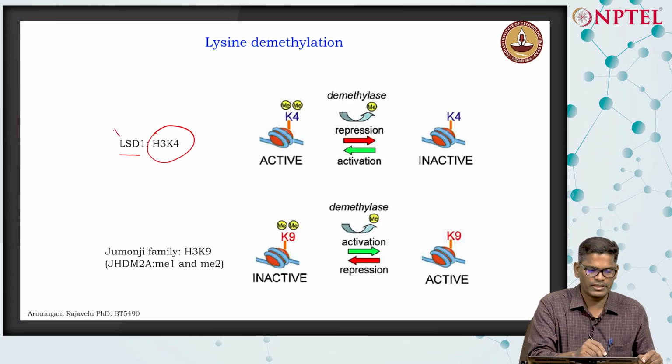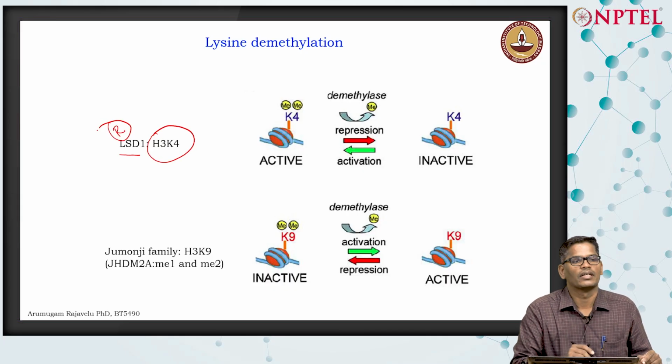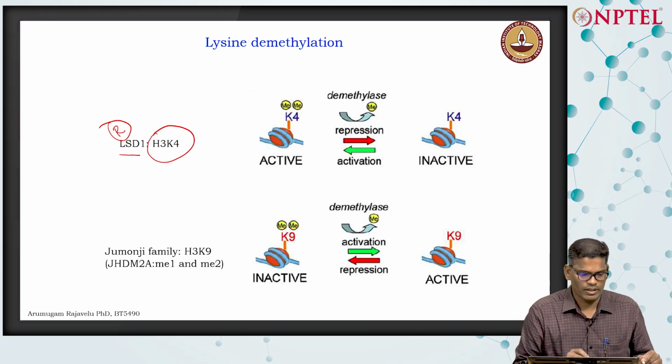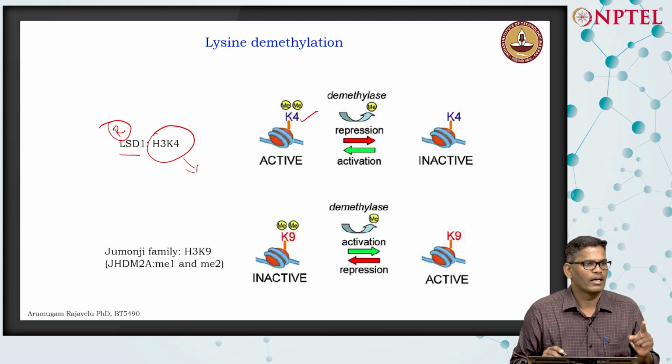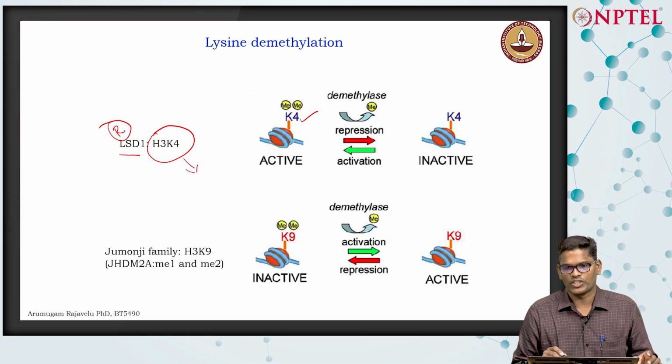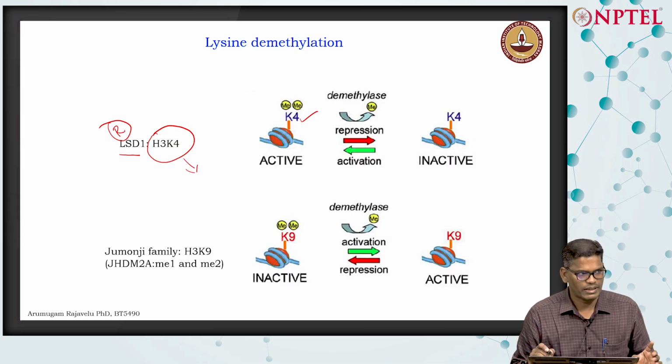That means it is a repressor protein because it removes the activation mark. So, by demethylation of the activation mark, it converts active genes to inactive genes. That is what is represented here when it demethylates lysine 4, which is the only well known gene activation mark, in connection with the methylation, which produces the inactive chromatins.